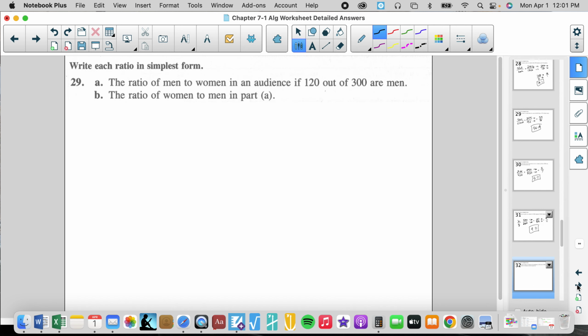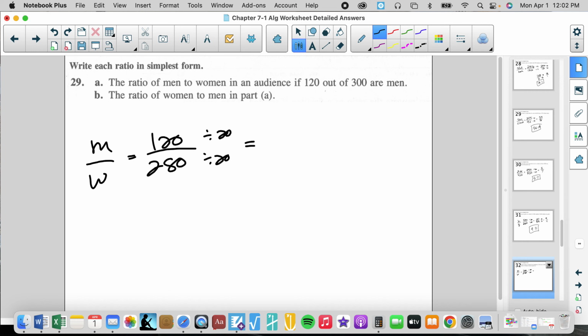Good. See how efficient? We want to look for ways to do it efficiently, where we can do problems within 10 seconds. The ratio of men to women, and an audience of 120 out of 300 are men. So reading that, we see that 120 are men, and then the remaining, which is 280 of those 300, are women. And so we can reduce that by 20 again.